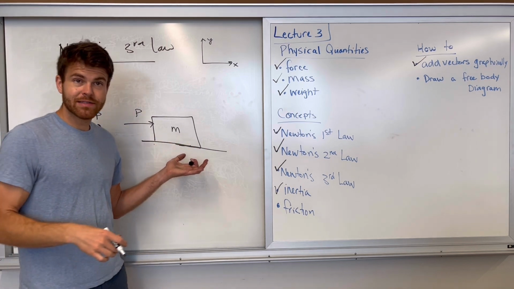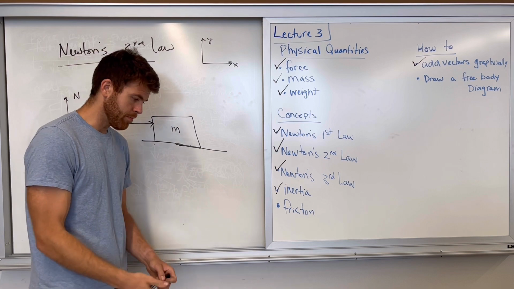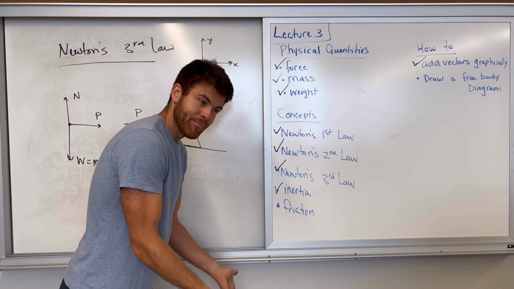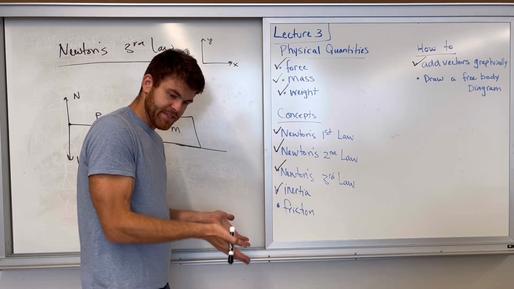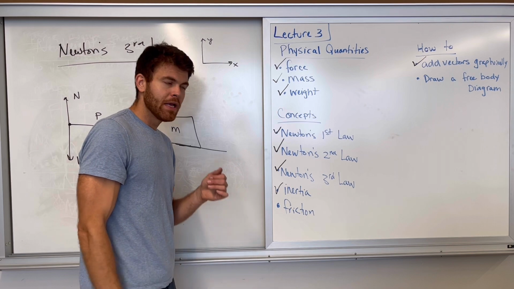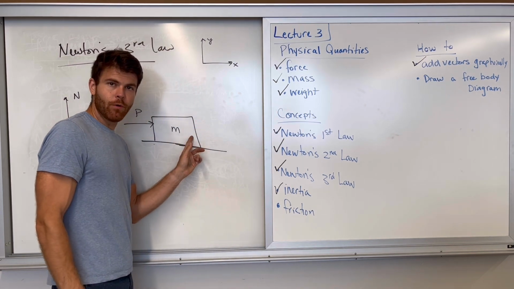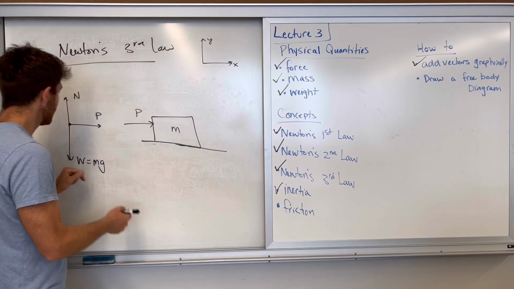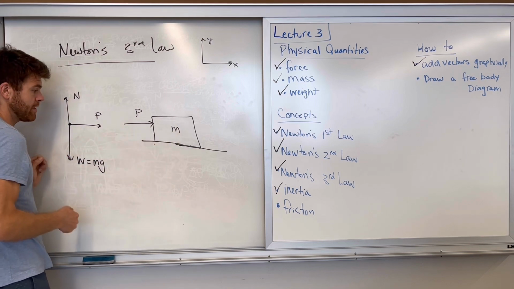Let's say the object doesn't move. Like if there's a big cardboard box full of books on the floor, and I push it, it doesn't necessarily move, right? If I push it, it can still sit there at rest. That means there must be some force counteracting the push. Because if not, there would be a net force in this direction, and there would be an acceleration in that direction, right?